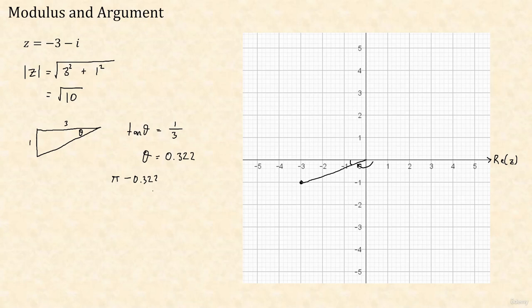Pi minus that is 2.82. And I'm just going to report that as a negative since it's below the axis. So the argument of this negative number is minus 2.82.